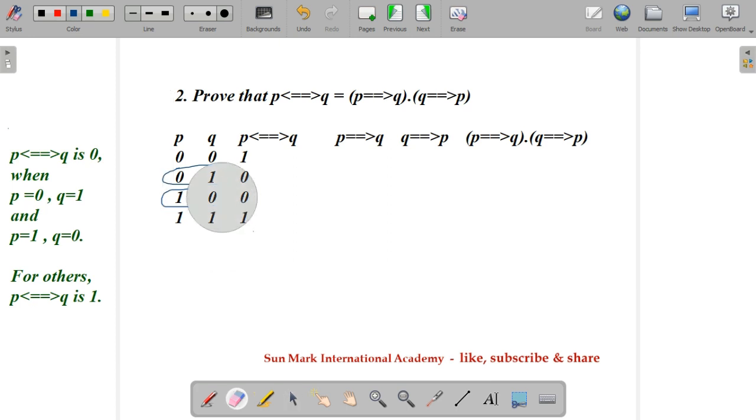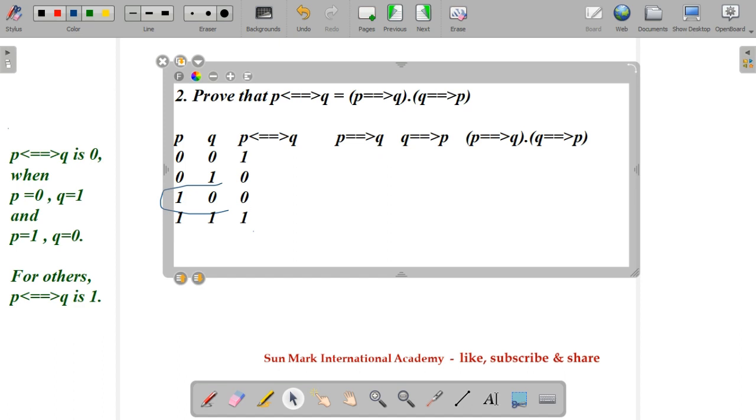Next is P implies Q. P implies Q is 0 when P is equal to 1 and Q equal to 0. For all other pairs it is 1. So we can write 1, 1, 0, 1.